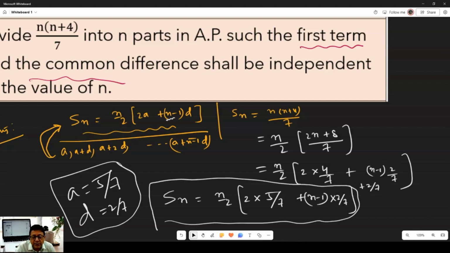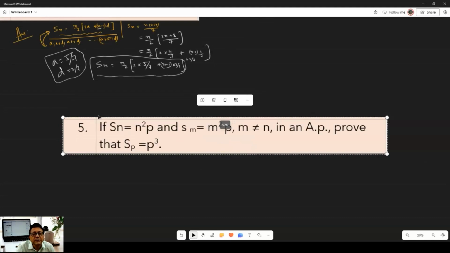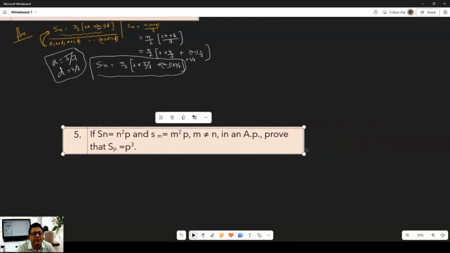Now let us go for the next one. Next one is given sum of n terms and sum of m terms. I'll bring the sum for you. Sum is like this. You can read.